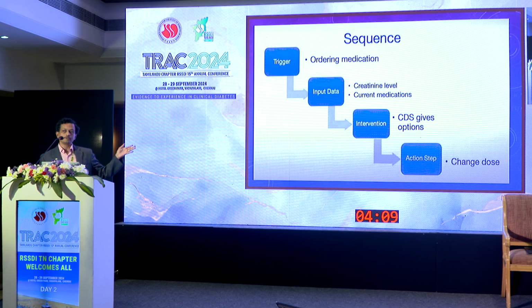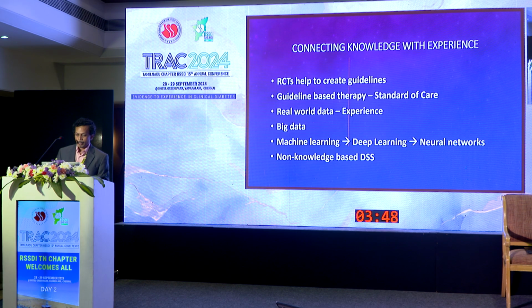These are some of the small ways in which a decision support system can help, like ordering medication: according to the creatinine level, we can estimate the eGFR with whatever tools we have, and the decision support gives the option whether to give the same dose or a reduced dose, and so on.